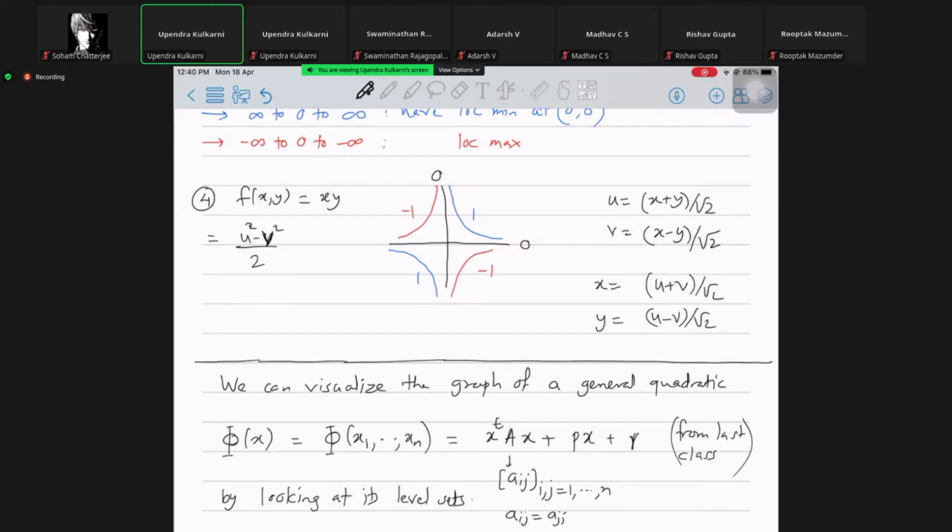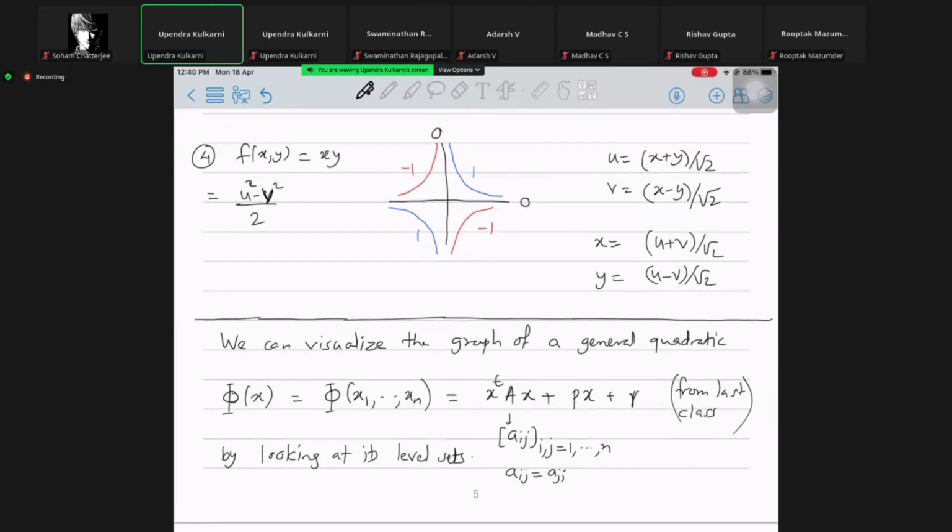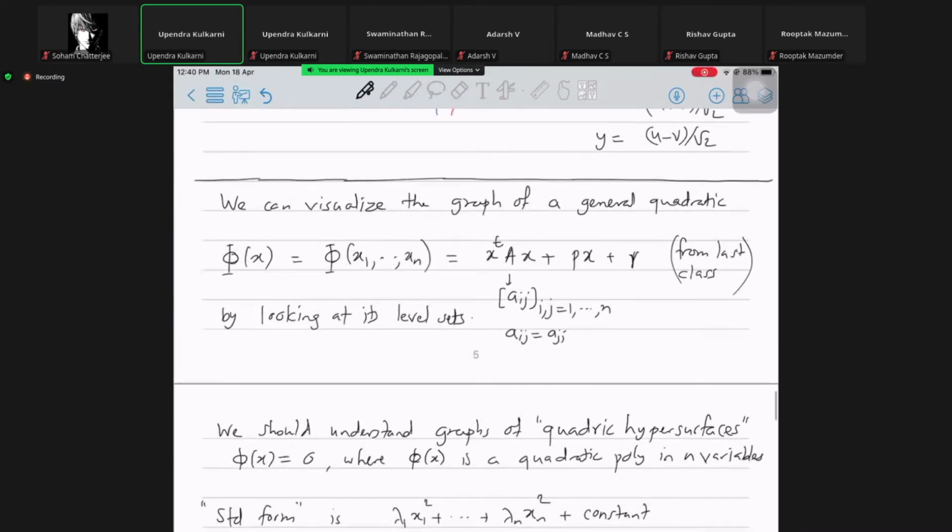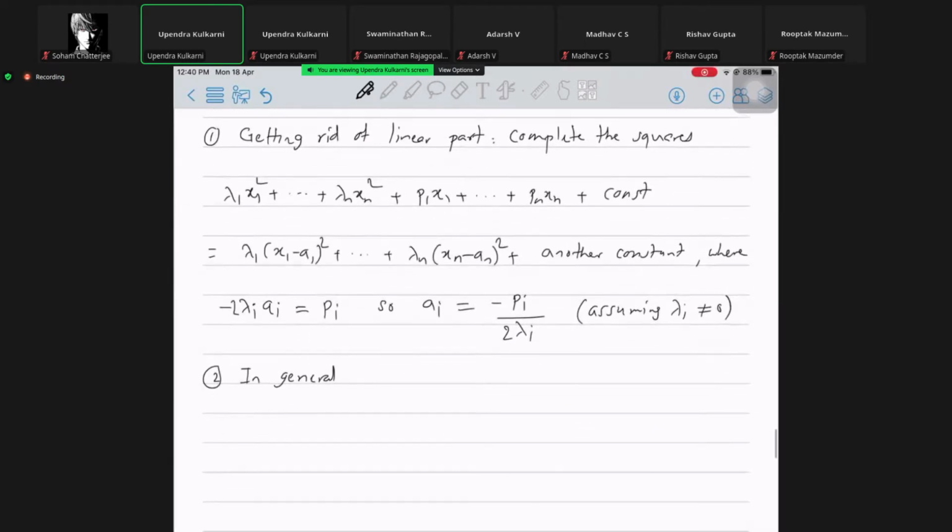Okay, so the virtue of writing it in this form is that now that the matrix is symmetric, I know that I can diagonalize this matrix by means of an orthogonal matrix. So let's do that. Let's change basis. What should my new basis be?